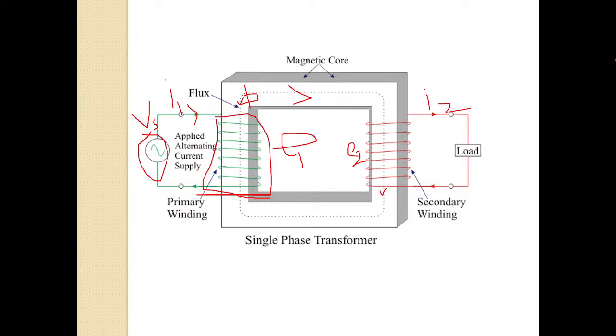This core, we will call it the magnetic core. The purpose of the core is what? It provides the magnetic path for the flux to get linked with the secondary winding. Here I am showing you only one flux line.